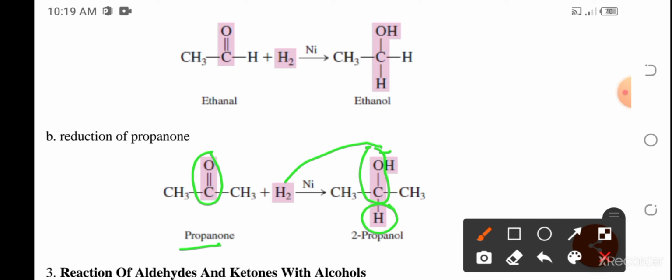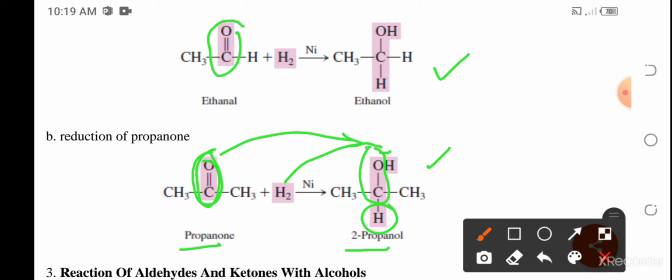Now that propanone will then become 2-propanol.